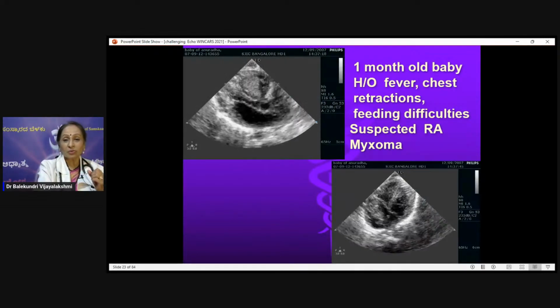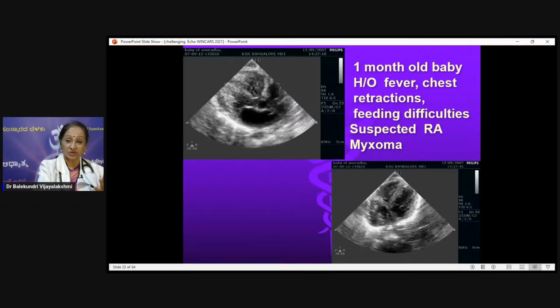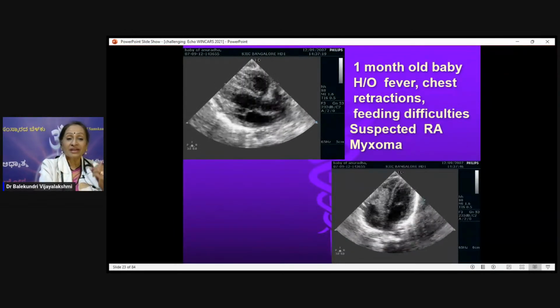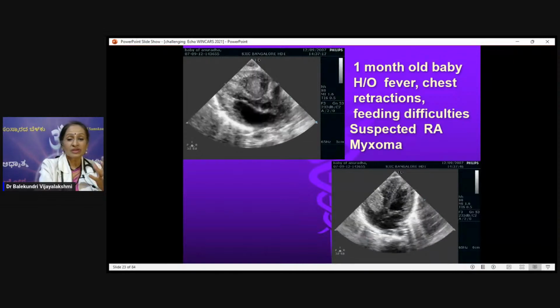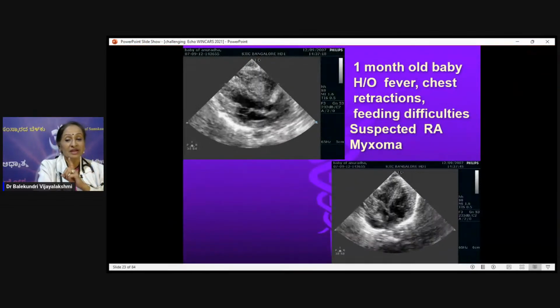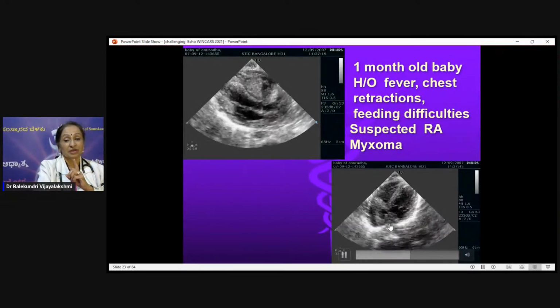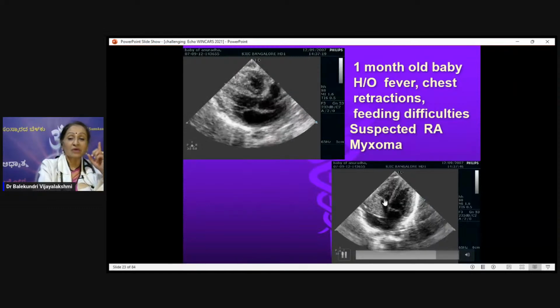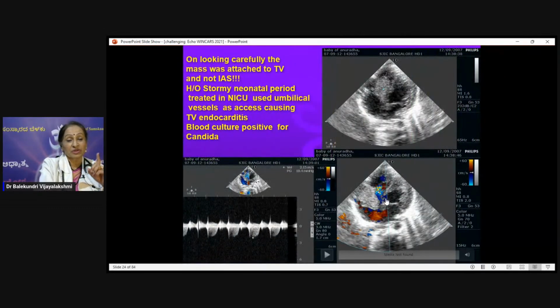This is a 1 month old baby, history of fever, chest retraction, feeding difficulties, suspected right atrial myxoma. You can see that there is a huge vegetation, huge mass, but the myxoma is attached to the interatrial septum, and this is attached to the tricuspid valve. So this is how you have to distinguish between the two.